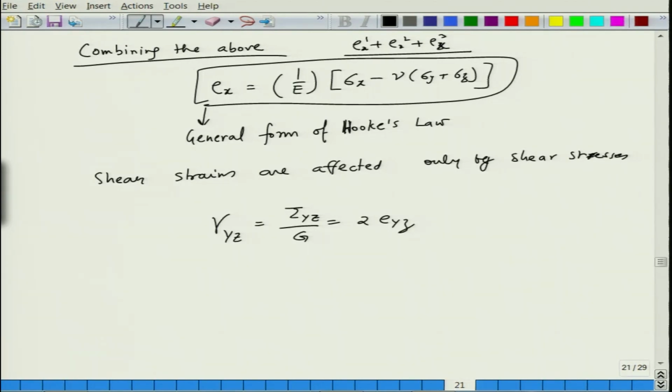If we apply this to all directions, we can write the above equation. So we have this relation. If we apply it to all the directions, we can create a framework for all the 3 directions, which we will do in the next class.